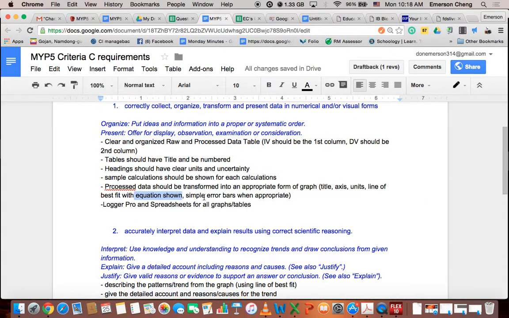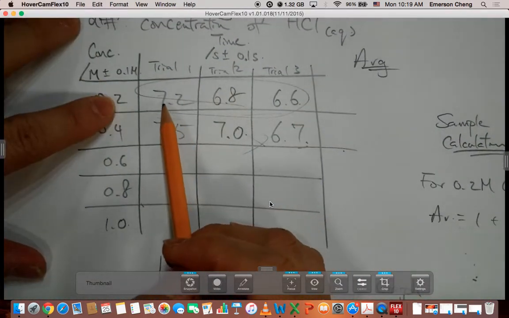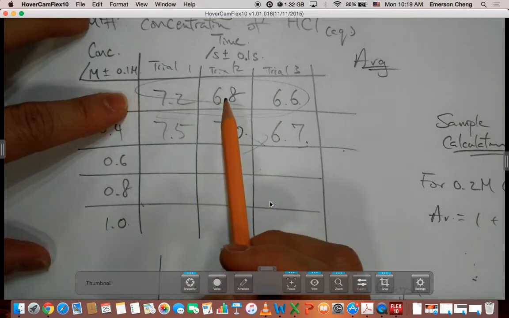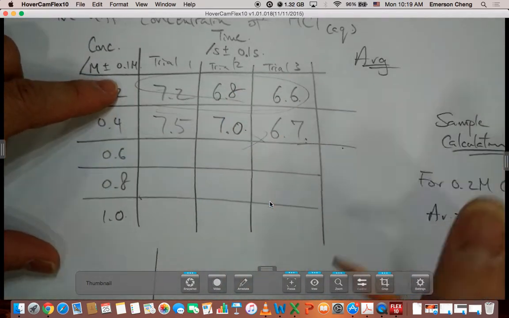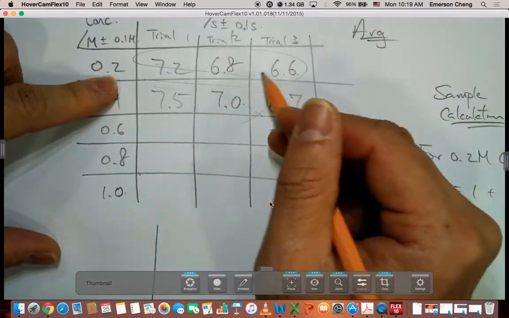Now, simple error bars when appropriate. In the last summative, I did not ask for simple error bars. Error bars are essentially a way to show how spread out your data are. So in this case, your data can be really spread out or very narrow, because usually when you plot this, let's just imagine this right now. You're going to calculate the average.